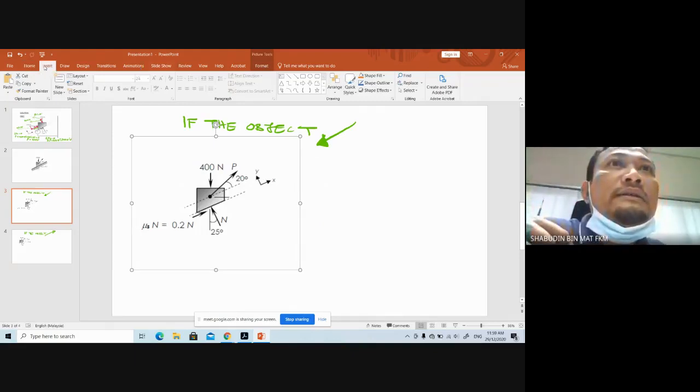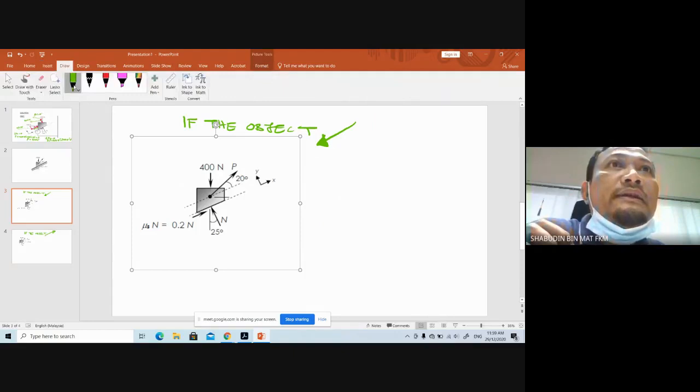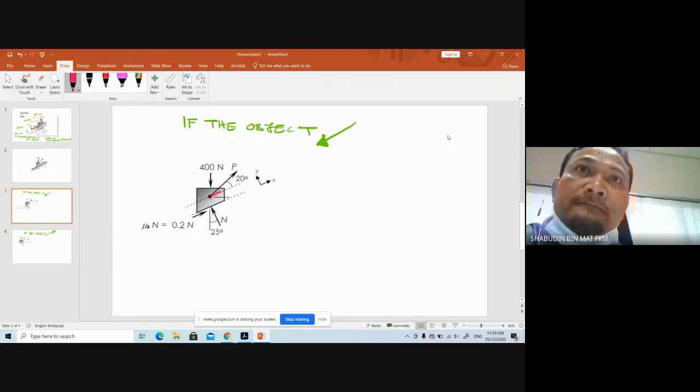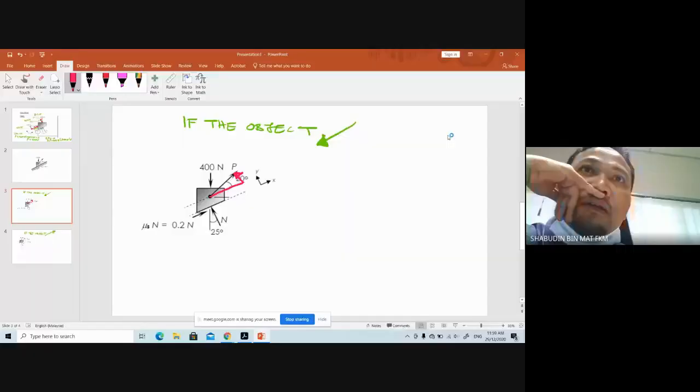So draw that. Resolve all forces into x and y. So that is P cos 20. That is P sin 20. And then also if this is 25, you have a component there plus that. So there is 25.